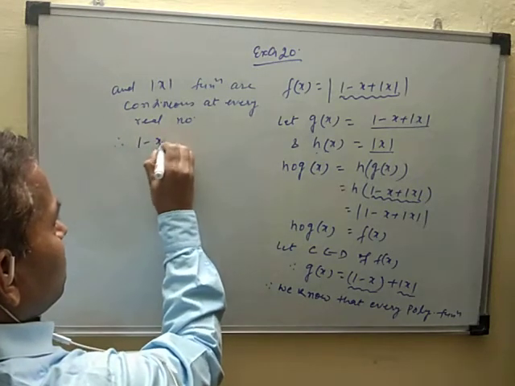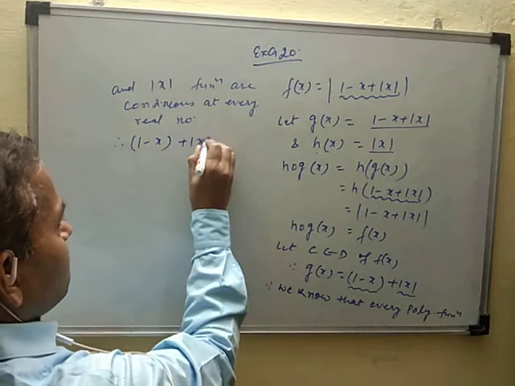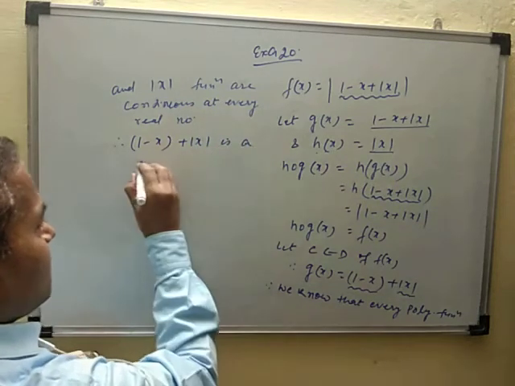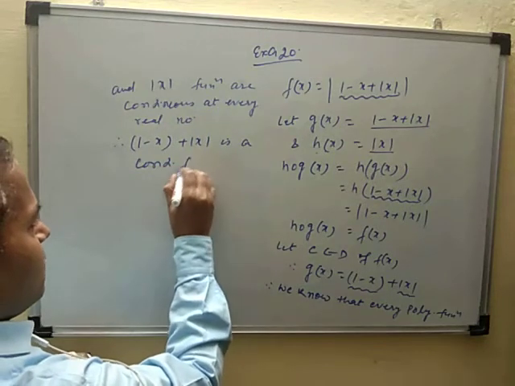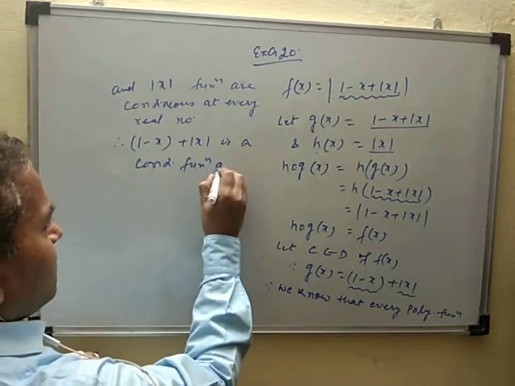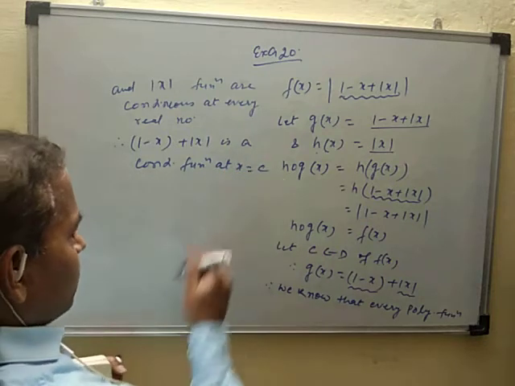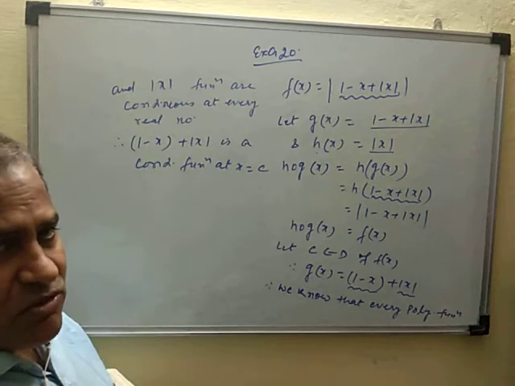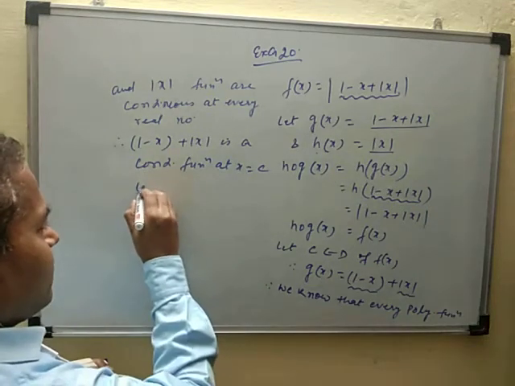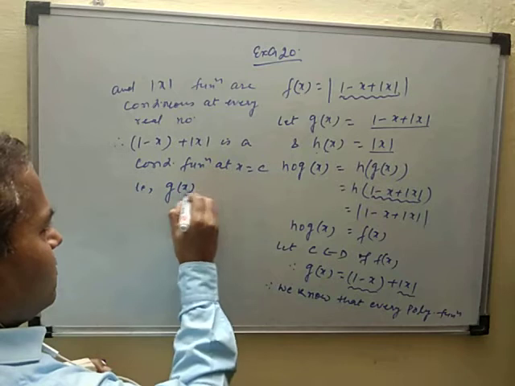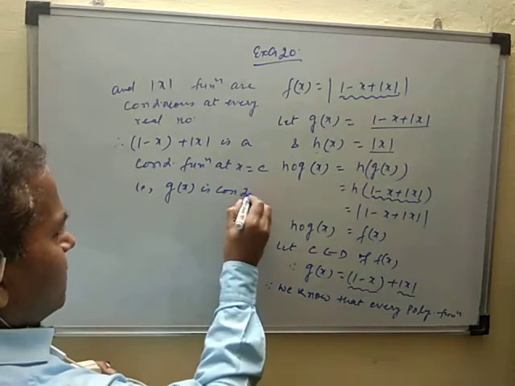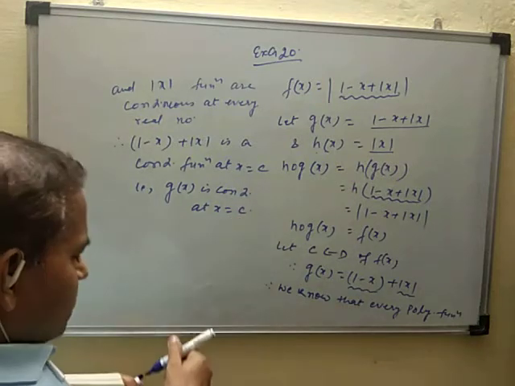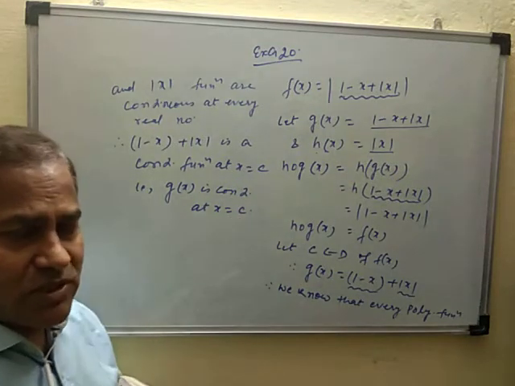Therefore, 1 minus x plus mod x is a continuous function at x equal to c. That is, g of x is continuous at x equal to c. So the function is continuous.